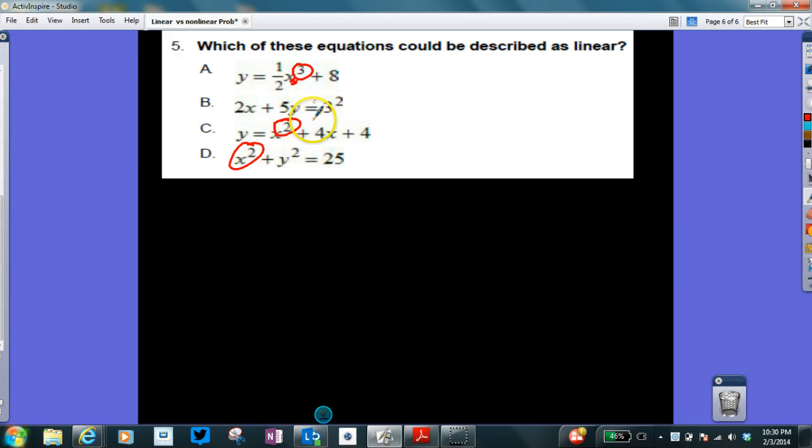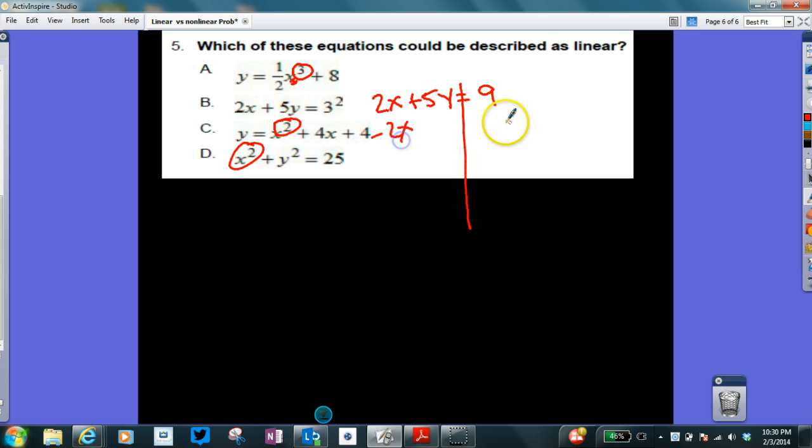But you say, well, there's an exponent here, but the difference is where it's located. This one, I could rewrite and say 2x plus 5y equals 9 because 3 squared is 9. When I put that in slope-intercept form, here I'll go ahead and do it real quick.